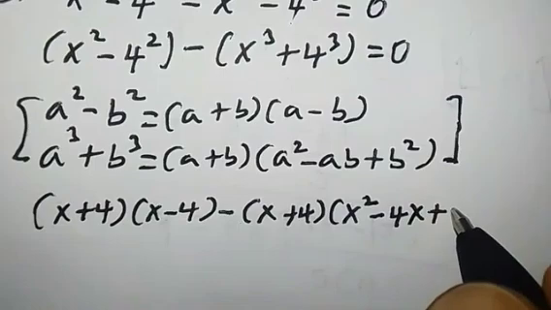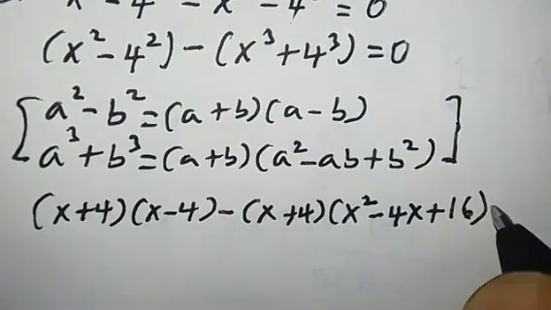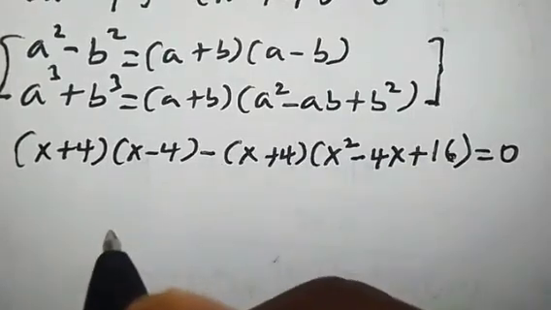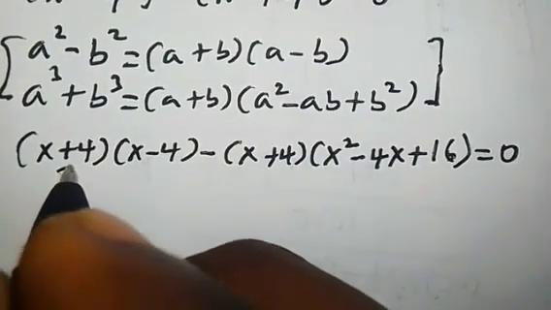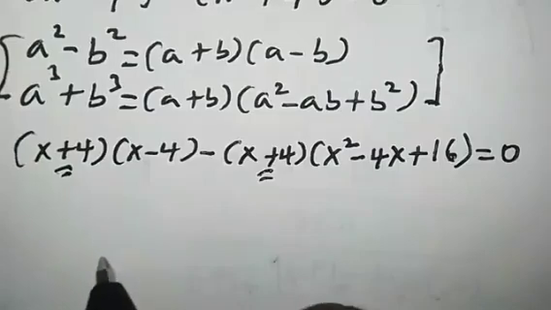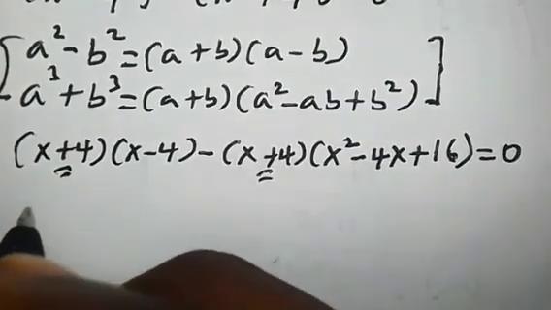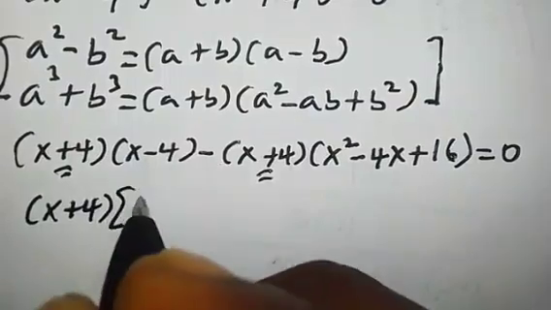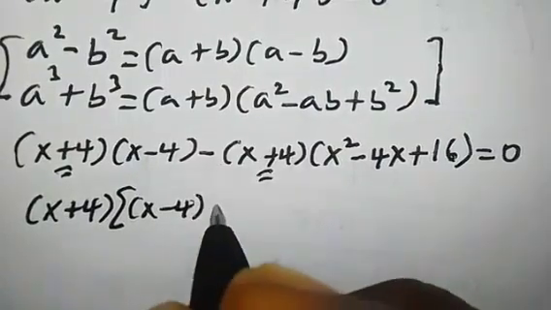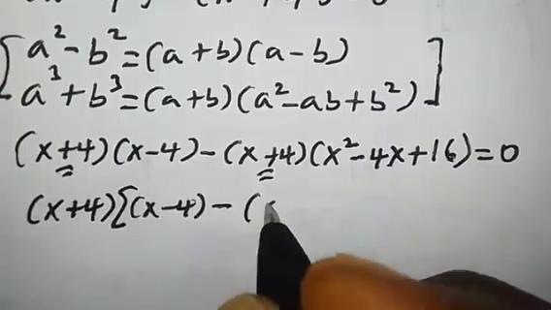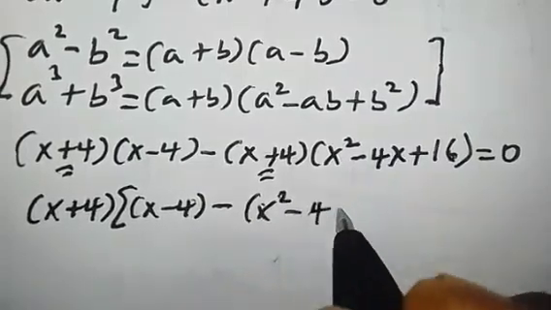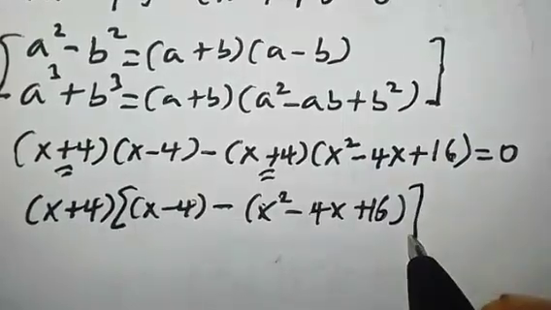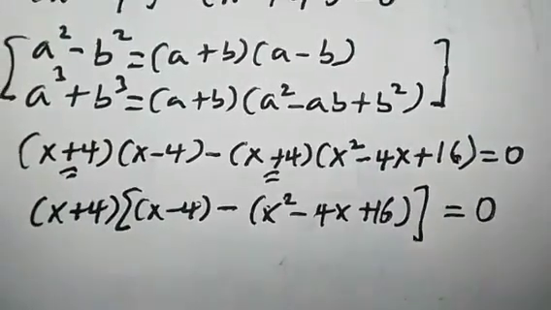But 4 square is what? That is 16, equal to 0. Let's continue. You will see that x plus 4 is common. We can factor it out. So that will be x plus 4 into x minus 4 minus x square minus 4x plus 16, put the square brackets, equal to 0.